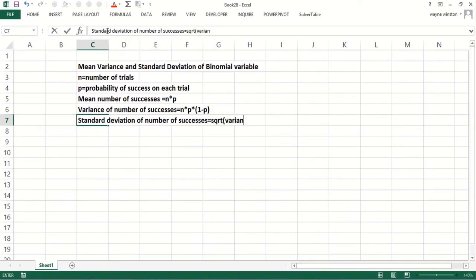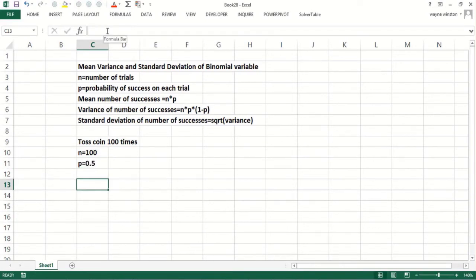Okay. And remember, 95% of the time, basically, we're usually within 2 standard deviations of the mean. So if I toss a coin 100 times, n equals 100, probability of success is 0.5.